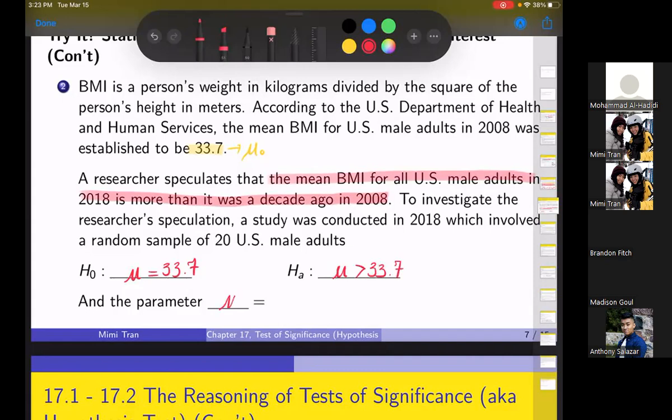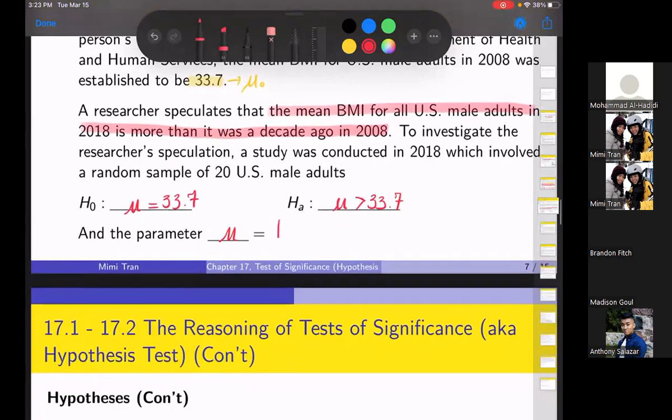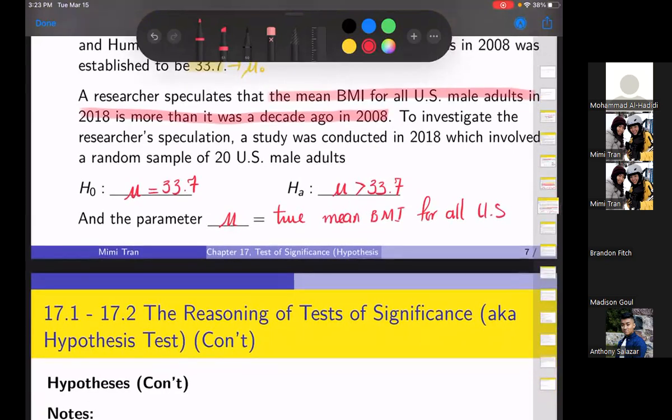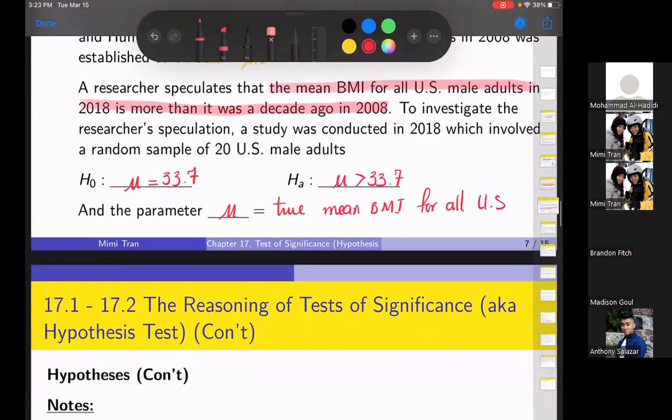And mu here, the parameter of interest, is the true mean or population mean BMI for all US. Make sure you say US, not Mexico, not China, right? US male adult. There's no S in male. In 2018.